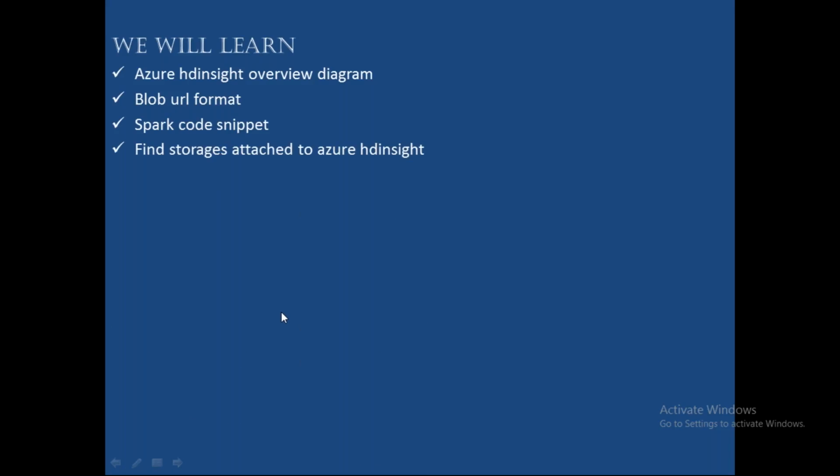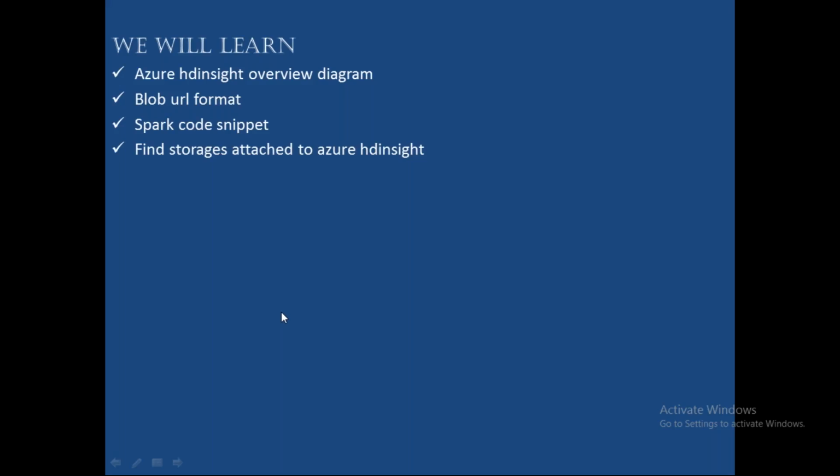And then we will talk about finding storages attached to the Azure HDInsight. In Databricks, we have seen we are able to connect to the SQL database, SQL data warehouse, data lake storage Gen 1, data lake storage Gen 2, blob storage, all these things we have learned.